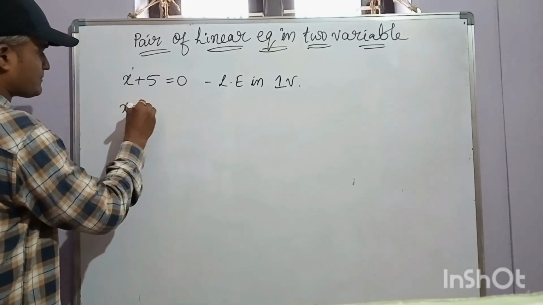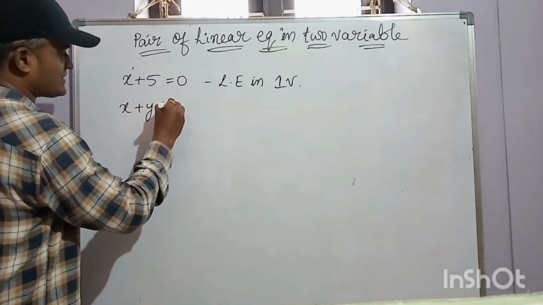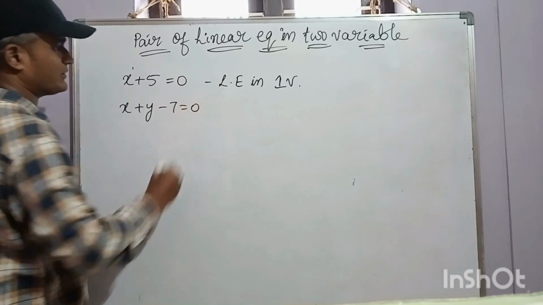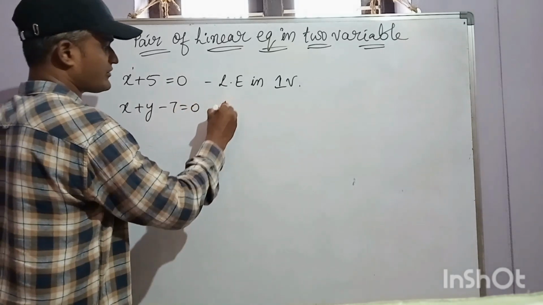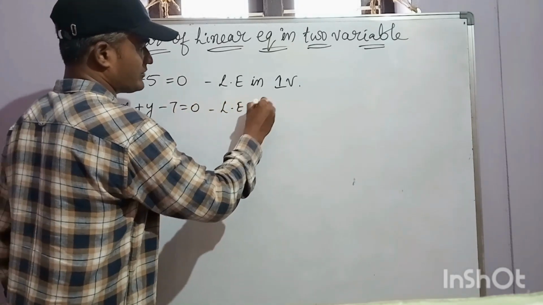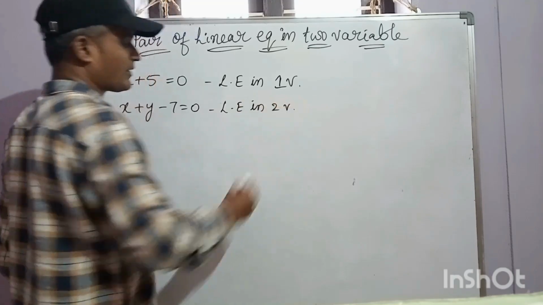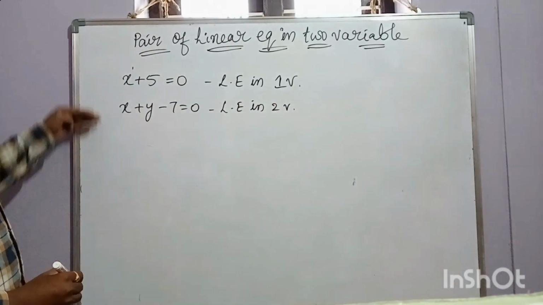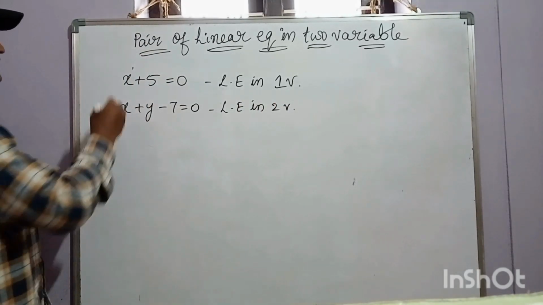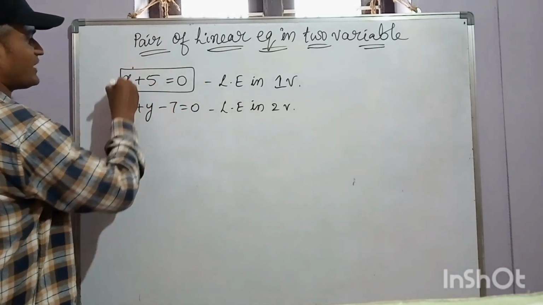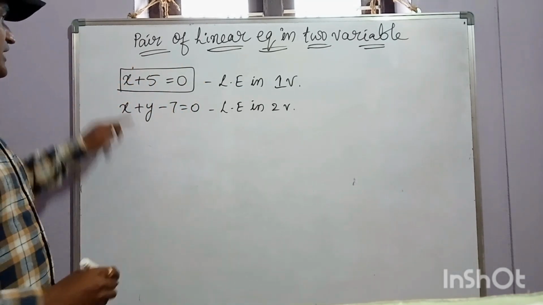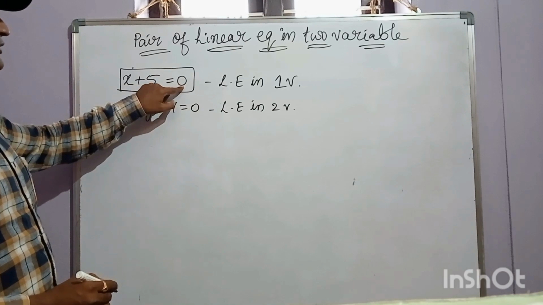Here, x plus y minus 7 is equal to 0. This is a linear equation in two variables. Like this we can take different equations. This is a linear equation in one variable: x plus 5 is equal to 0.